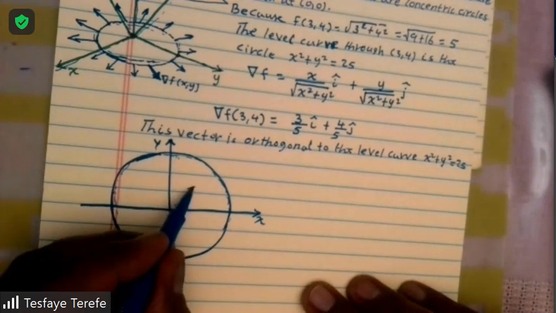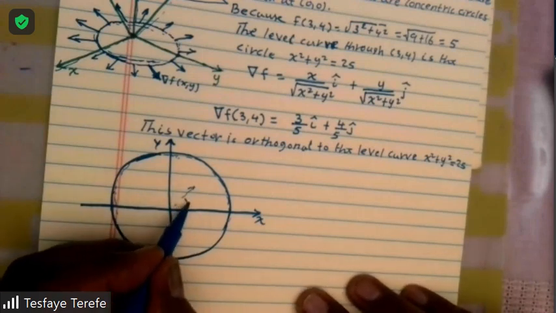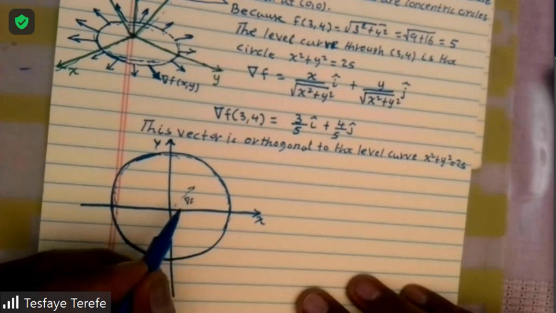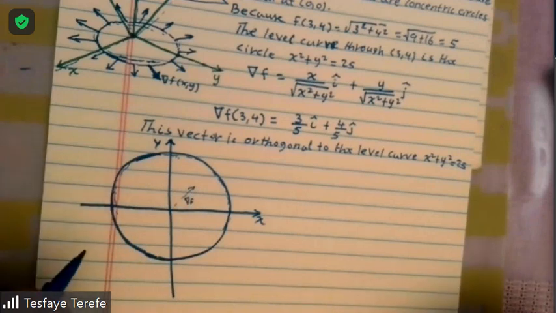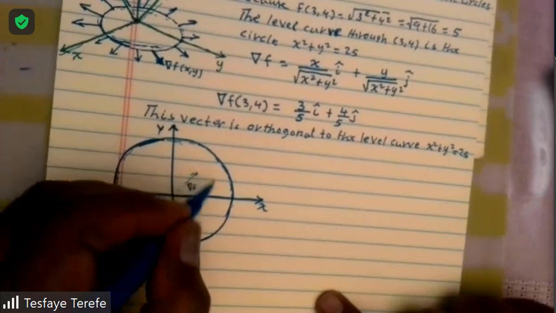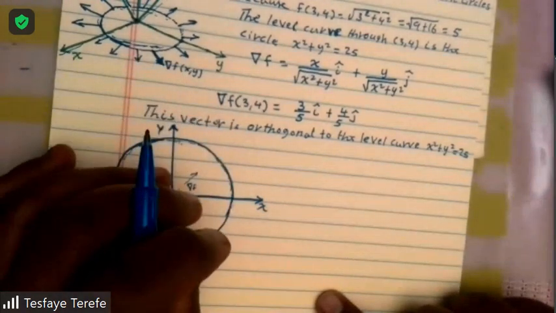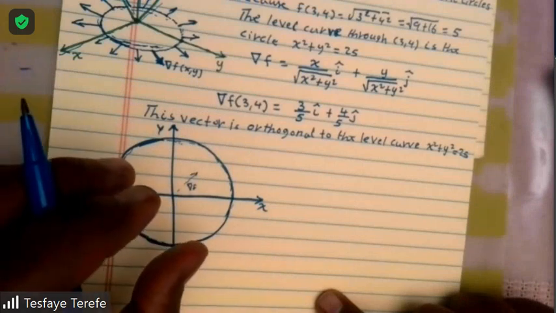This vector is the del. All right. If that is the case, now what we are going to do is really about the vector. We don't care about location. We care about what?